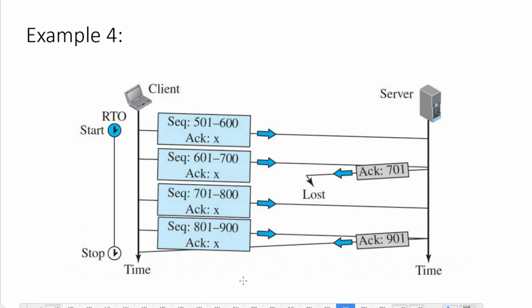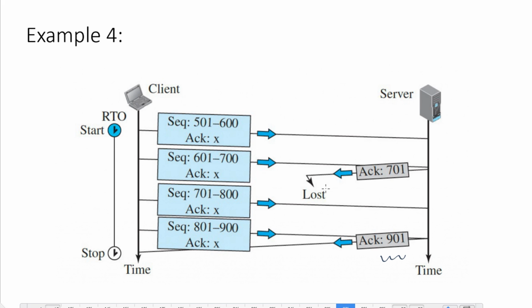In this example, we are sending some packets, but the ACK is lost. Suppose I have sent some packets, which means I have not received the ACK till now, but I have received the ACK directly for 901, which is perfectly fine. This 901 ACK is saying that all the packets have been received. This is the example where I want to show you how the cumulative acknowledgement is helping us.